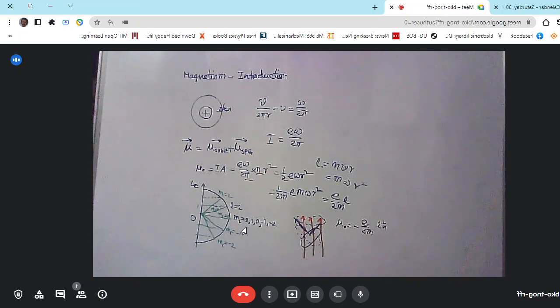Now we can write it properly. That is equal to minus mu b into L, where mu b is called the Bohr magneton, and its value is e h by 4 pi m.